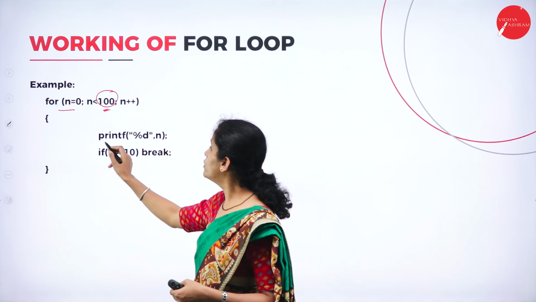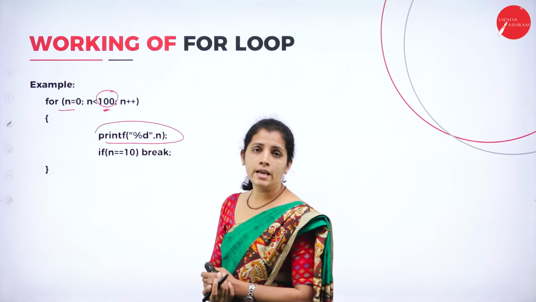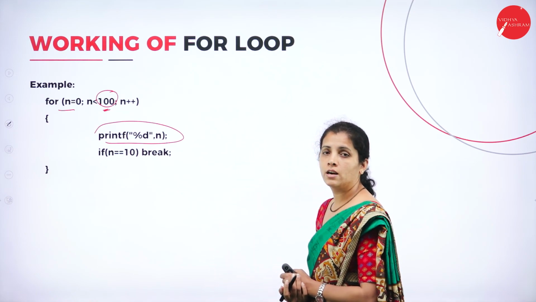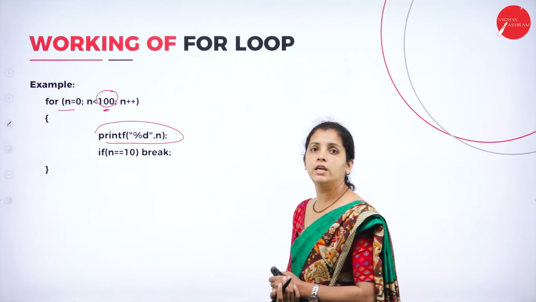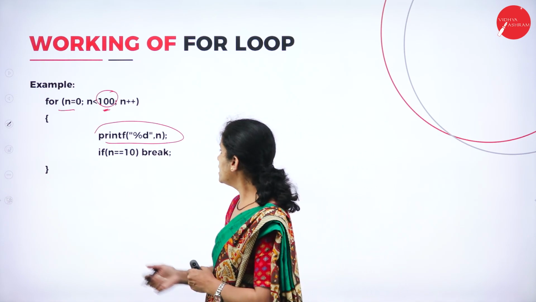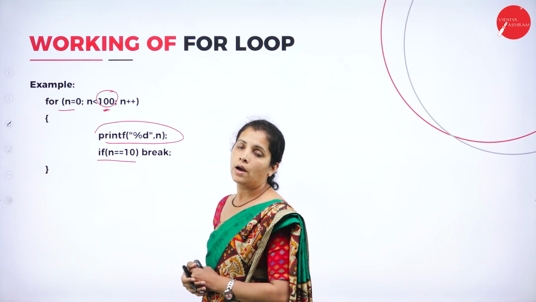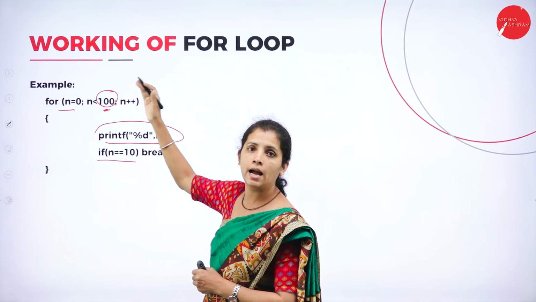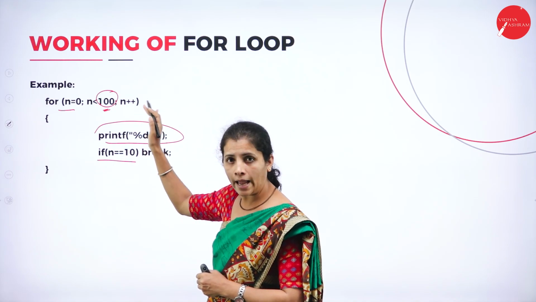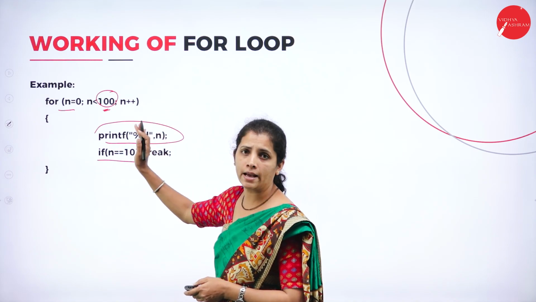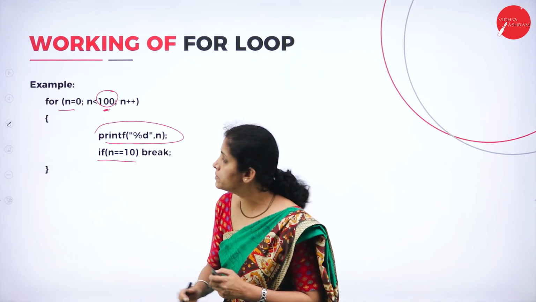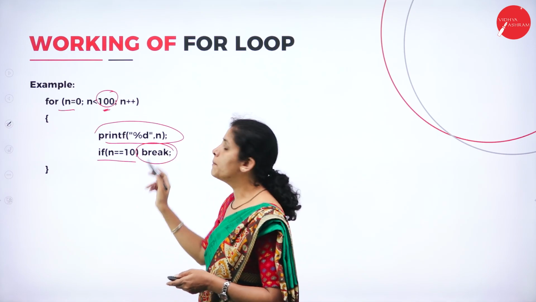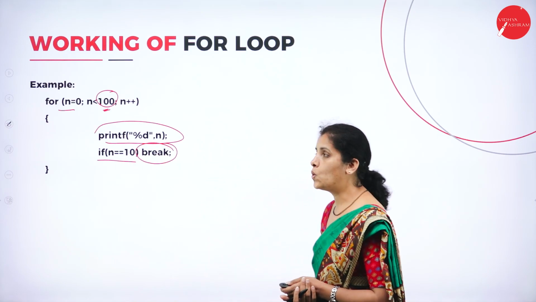So here I'm going to print the n value and at the same time I'm going to check if n equal to 10, I want to break because I don't want to execute 100 times. When I reach 10, I just want to exit from this for loop. In that time, I can use break statement in my program.